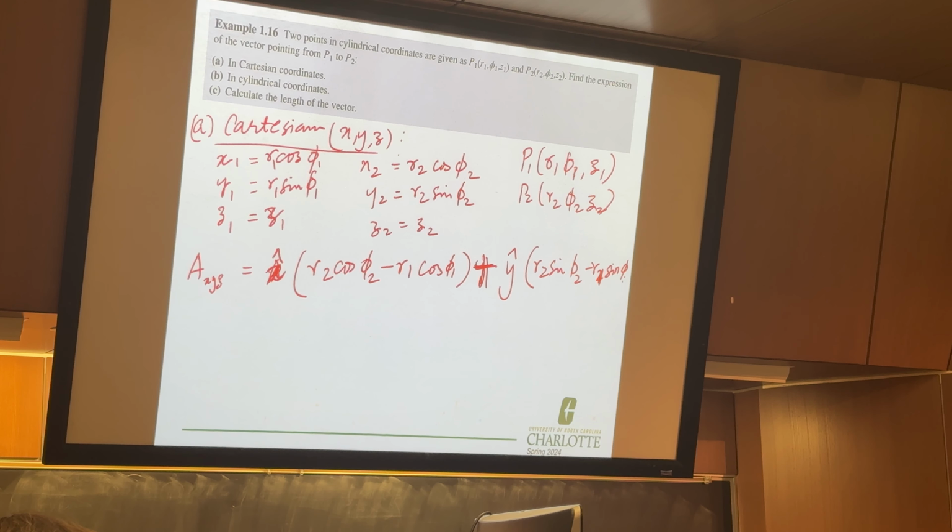That's the vector that connects point P1 to point P2 in the Cartesian coordinate system. And B is, do the same in cylindrical coordinates.